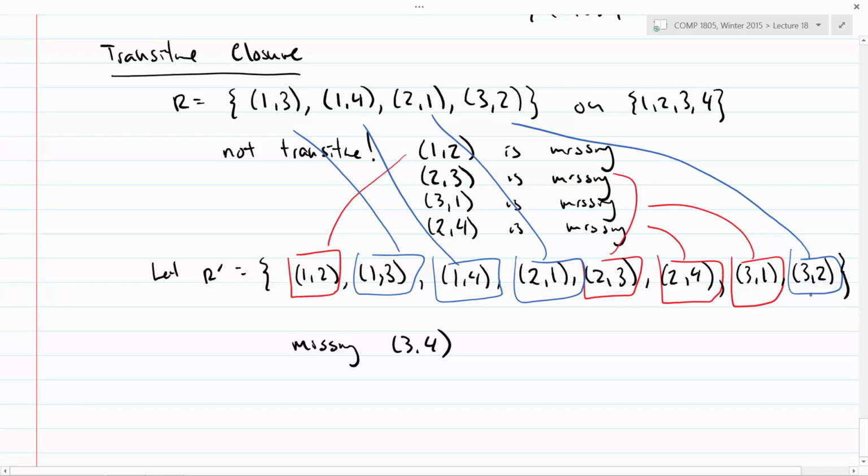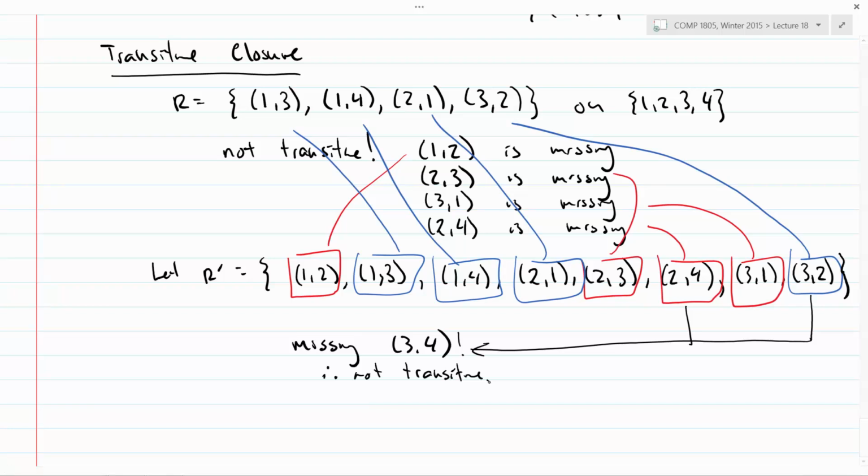Well, it has 3, 2, and 2, 4. So it has 3, 2, it has 2, 4, but it doesn't have 3, 4. And therefore, this is not transitive. So it seems like we'll have to do a little bit more work here. And it seems like we need to do something else.